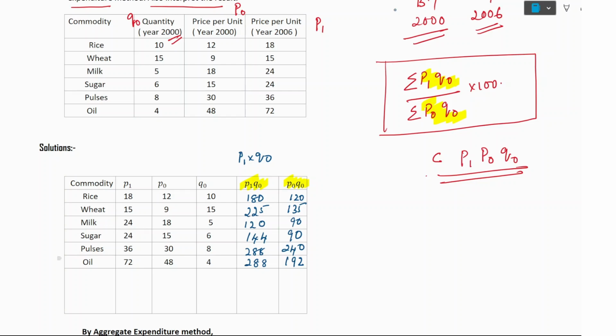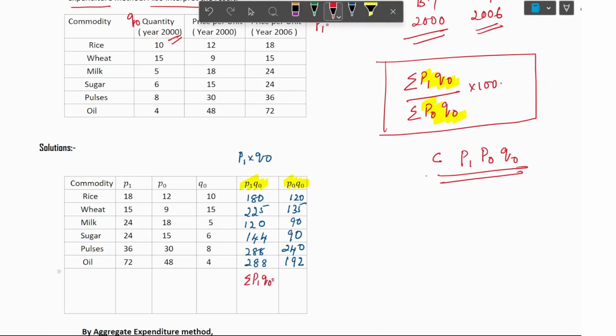Now what do you do last? Add both the columns to find the sum: sigma P1 Q0 for this column, and sigma P0 Q0 for the next column. Therefore the answers are 867 and 1245. Now we can use the formula.